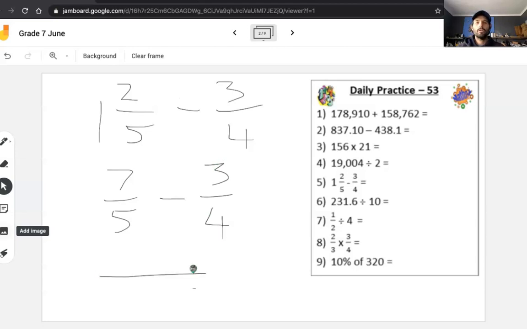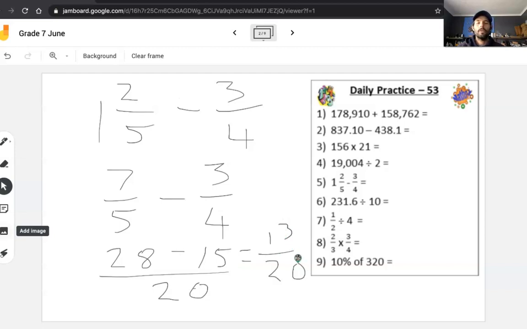I need to find the lowest common denominator of 5 and 4, and yes, that is 20. 5 goes into 20 4 times, so 4 times 7 is 28. 4 goes into 20 5 times, so 5 times 3 is 15. And that's going to give us 28 minus 15 is equal to 13 over 20.